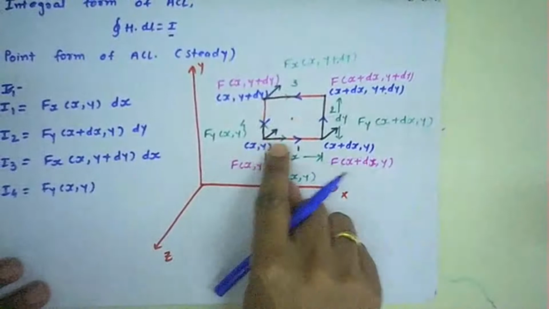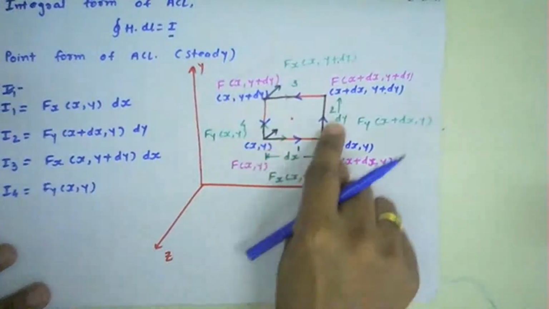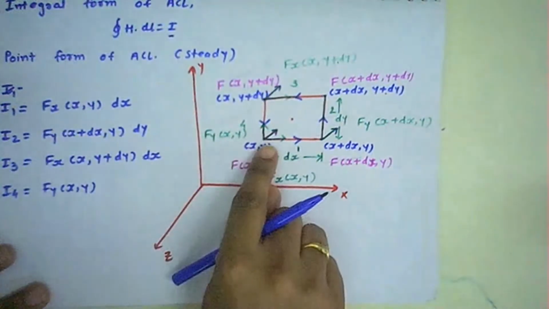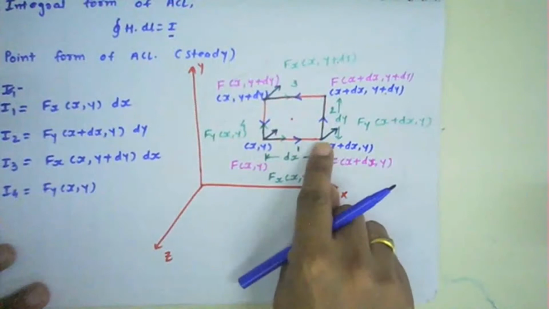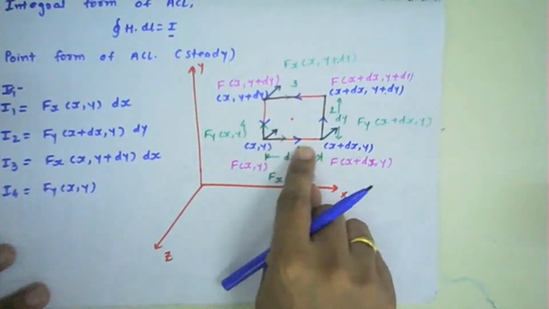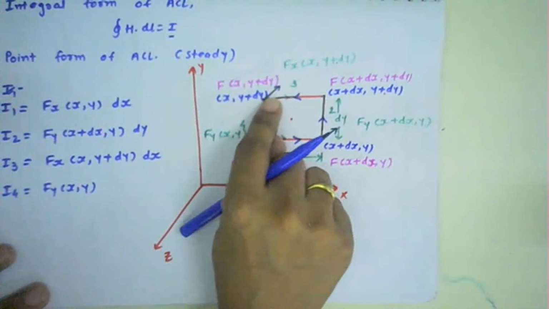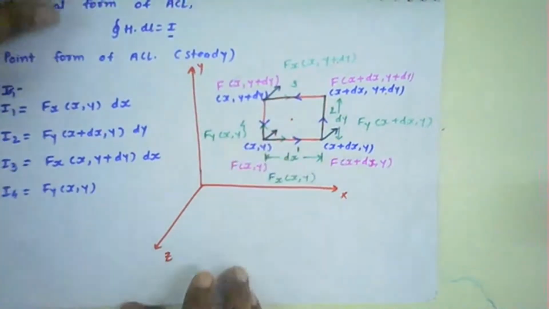This is segment number 1 along the positive x. First we are only following the direction we have taken, which is anti-clockwise. So line number 1 is along the positive x, line number 2 along the positive y, line 3 is along the negative x, and line 4 is along the negative y. The same we are reflecting here.